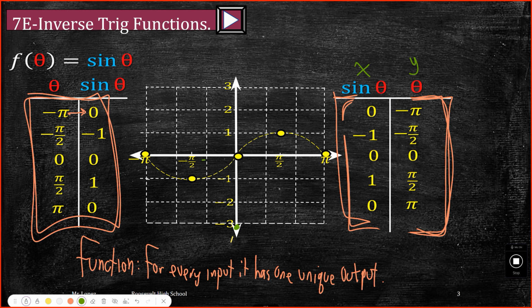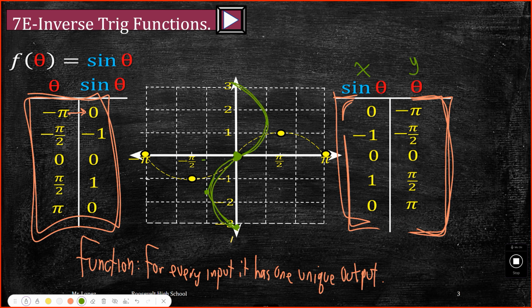Negative pi by 2 is somewhere right here. 0 goes to 0. 1 goes to pi by 2. Pi by 2 is here, somewhere a little higher, right there. And 0 goes to pi. It's over here. So if I graph this, it's going to go like this.